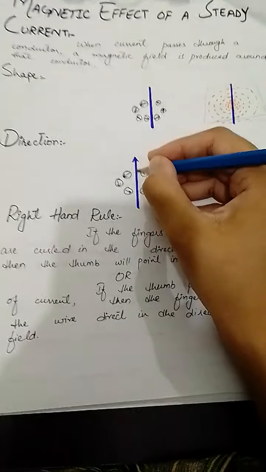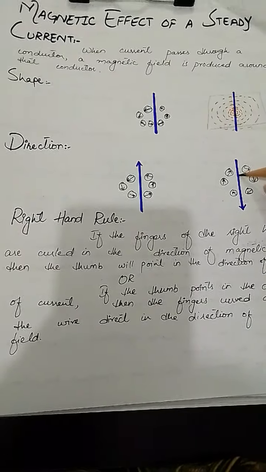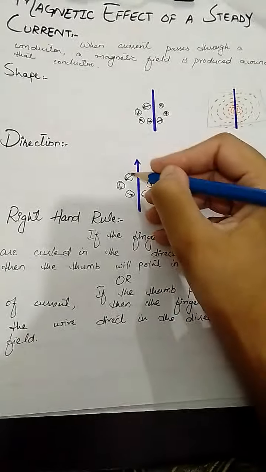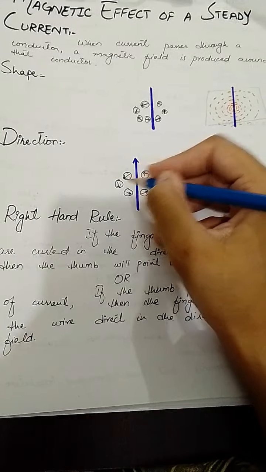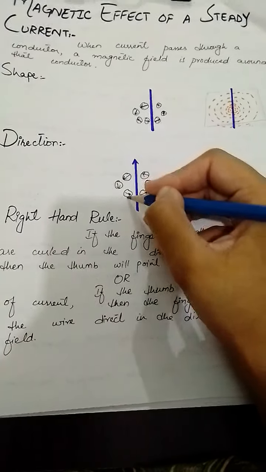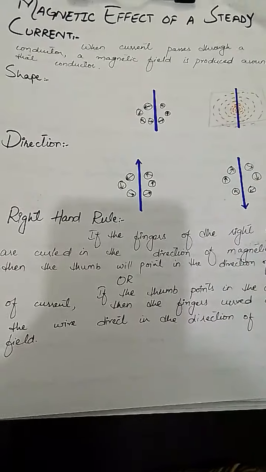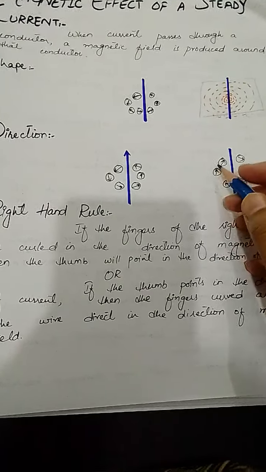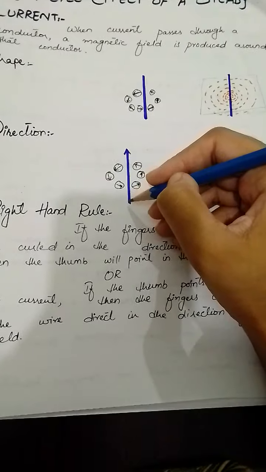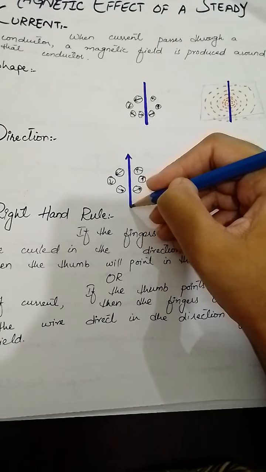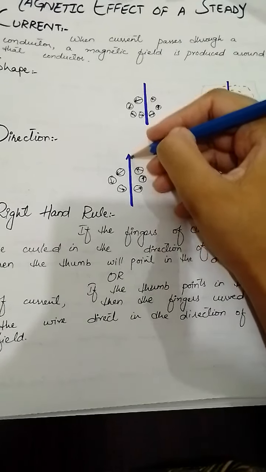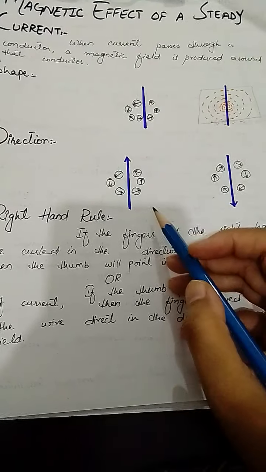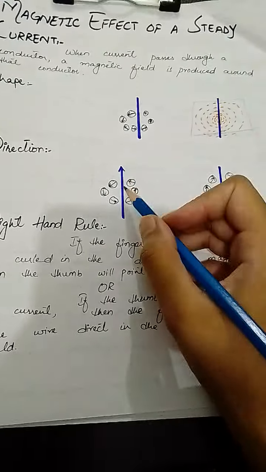We take a wire over here and another wire over here, and repeat the experiment for both wires. We take some magnetic compasses and place them around each wire. But we provide current to this wire in the upward direction and current to this wire in the downward direction. What did we observe?